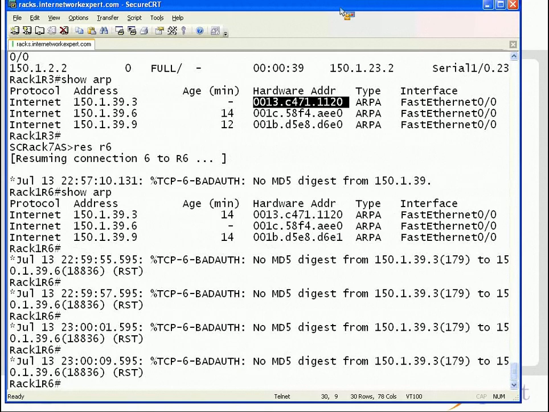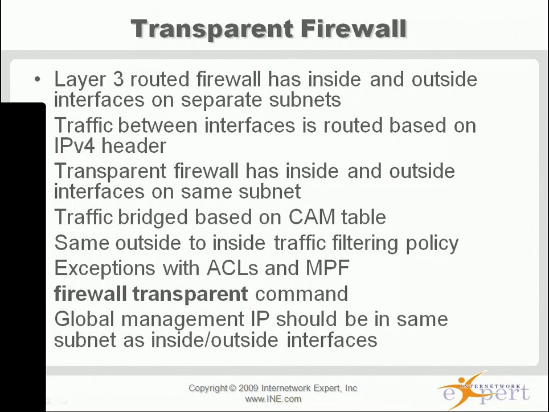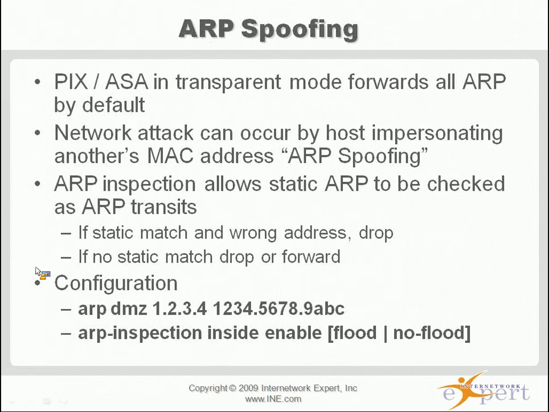Some of the other miscellaneous features we have with the transparent firewall, you have a couple of miscellaneous options that are specific to that. One of those is the ability to get into ARP inspection because it is looking at the layer 2 information. By default, he's forwarding that ARP traffic out the other subnet from where he heard it.